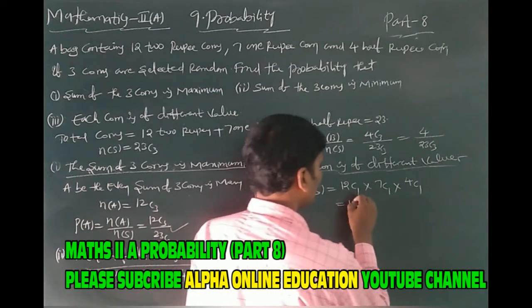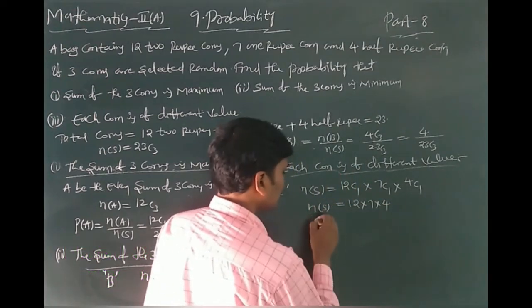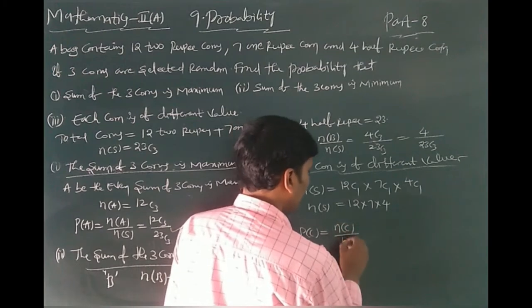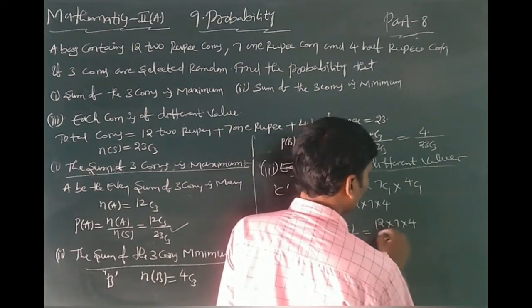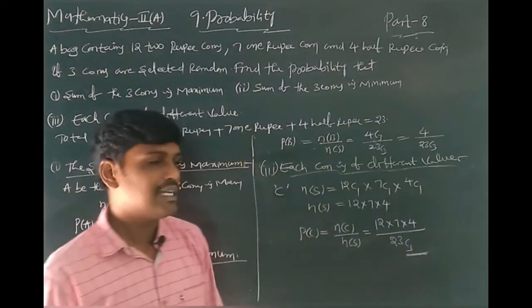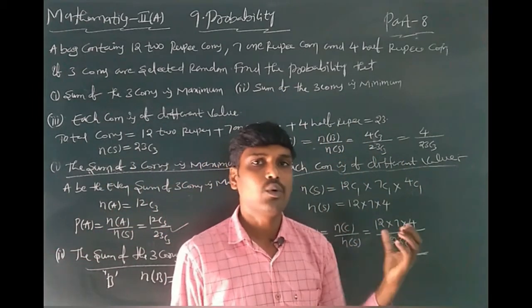That's why you can write 12 into 7 into 4. Then P(C) equal to n(C) by n(S). Here n(C) value is 12 into 7 into 4 by n(S), nothing but 23C3. This is the probability that each coin has a different value.